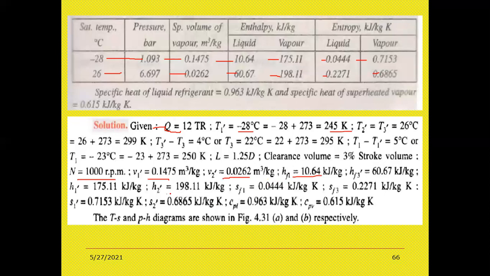So like this, the entire given data is given. Then the entropies S1 dash, S2 dash are read from the question. Therefore, the question is completed.